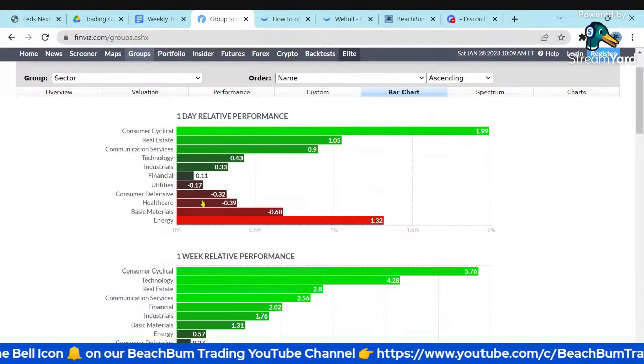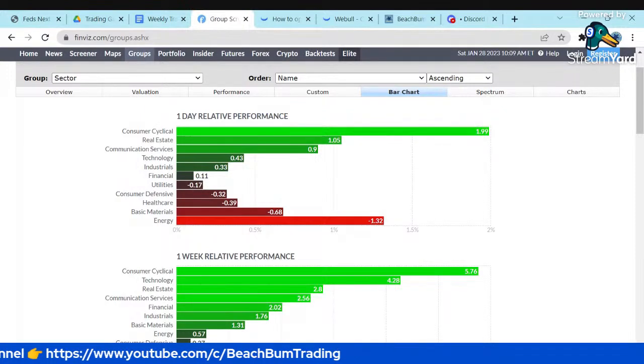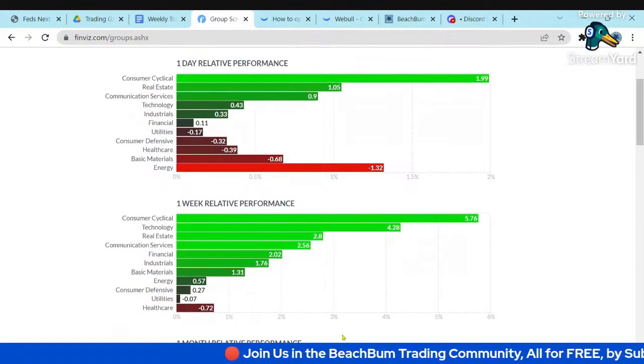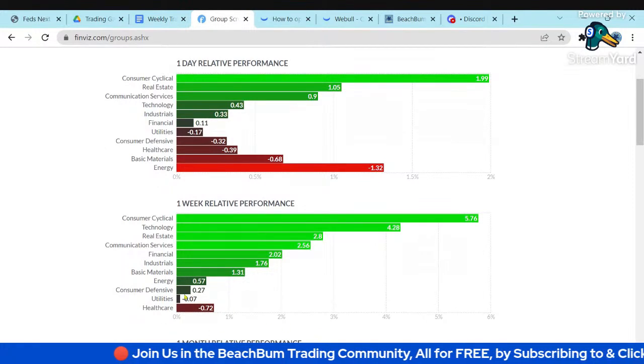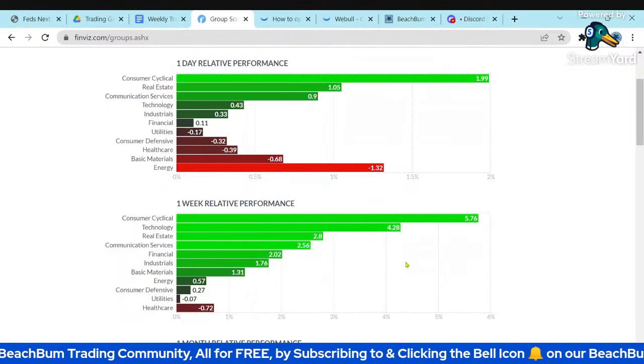Again, Friday, energy and basic materials saw a rotation out, profit taking in those areas. Again, watch those sectors for rotation, money flowing back in. So pretty constant rotation. We see healthcare was the only underperformer for the week. Again, everything was positive for the week.